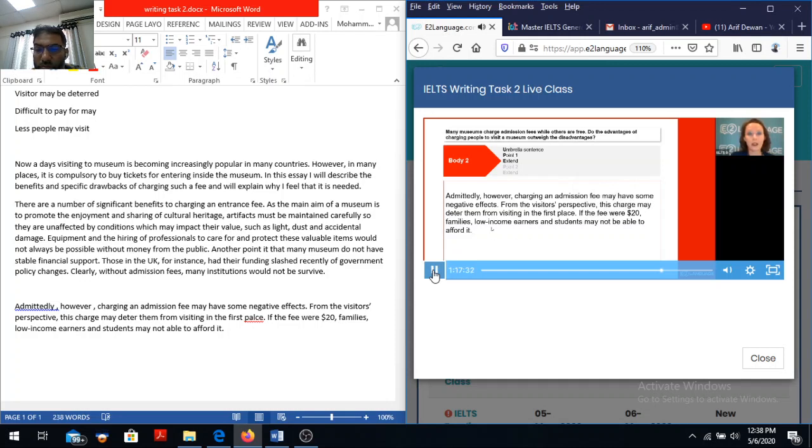If the fee were $20, families, low-income earners and students may not be able to afford it.